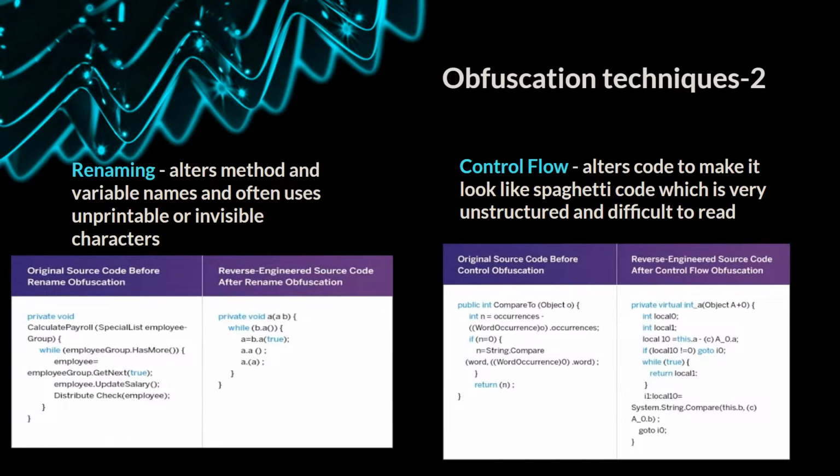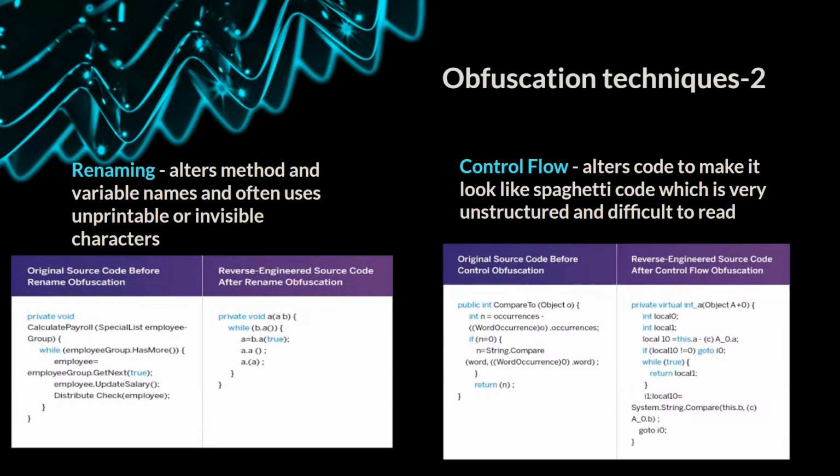But with this, it'll go through your program and swap things like, in this example, calculate payroll with just something like A, and then all the variables with just letters. In a lot of the more advanced cases, it would swap them with long strings that include different weird characters or invisible characters. But this one's just a simple one to show you.